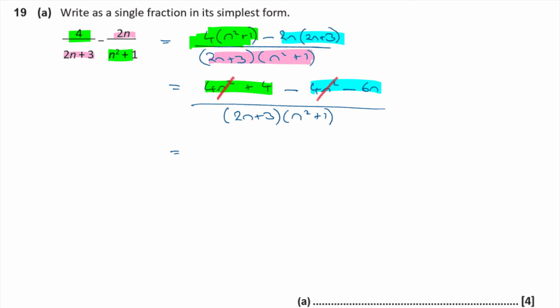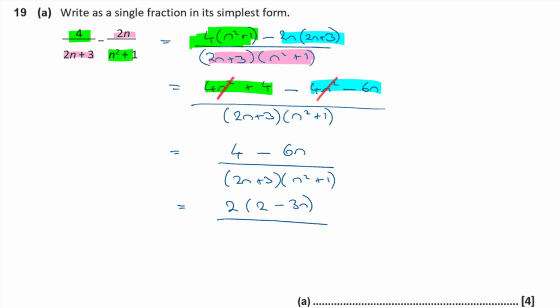That leaves me on the top with 4 minus 6n over 2n plus 3 times n squared plus 1. And then I can factorize out a 2 out of the top, I suppose. So that's 2 lots of 2 minus 3n over 2n plus 3 times n squared plus 1.